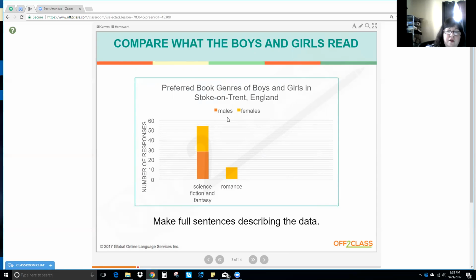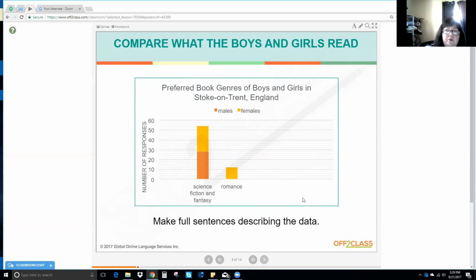And it looks like for girls, there actually were 52 to 54, about 54 females preferred science fiction and fantasy. So overall, it looks like there were many more responses from the girls than there were from the boys. About half as many males responded as females to the survey, and more females preferred both categories.